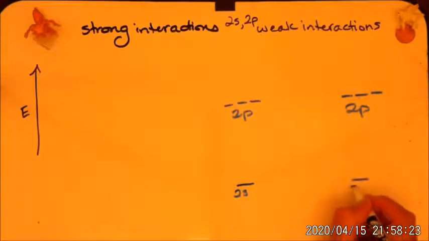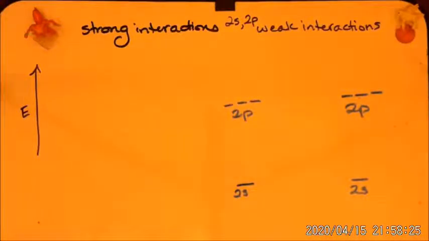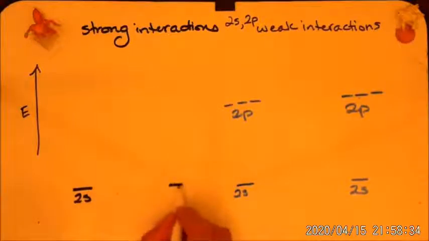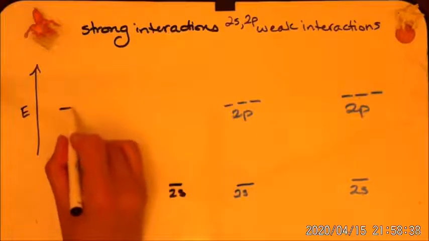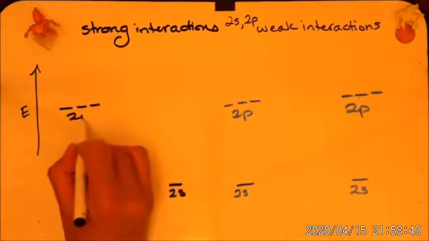and I'm trying to give myself lots of space here. Okay, for the strong, likewise, we're starting off with 2s and 2p.